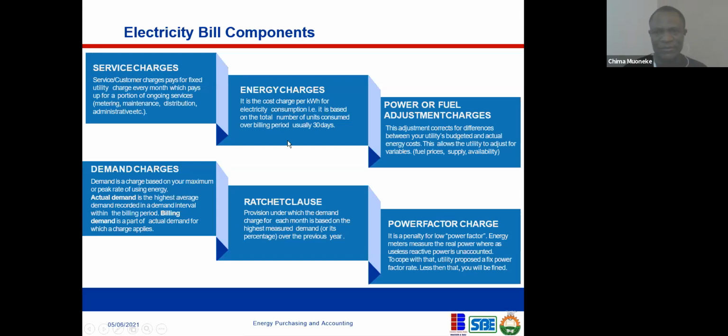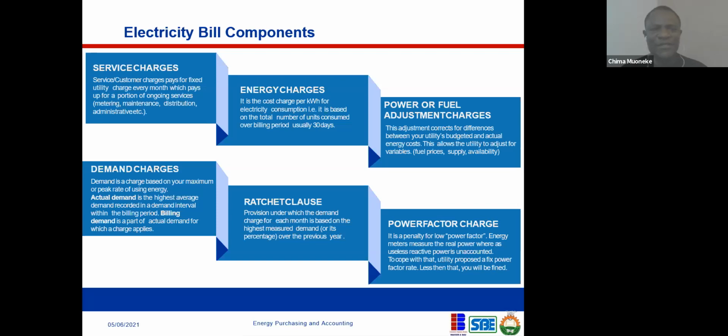So I was talking about the service charge. Like I was saying, all those components that I discussed, the elements that make up your electricity bill, you're not going to see them as they are in your bill. You're going to be seeing something like service charge. Here, I'm trying to explain what the service charge is.